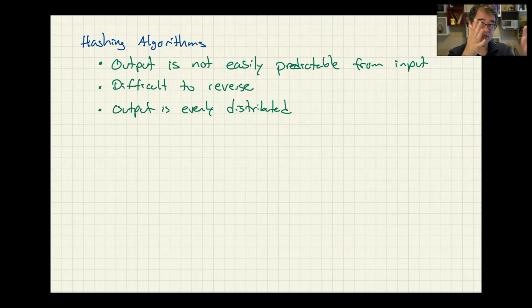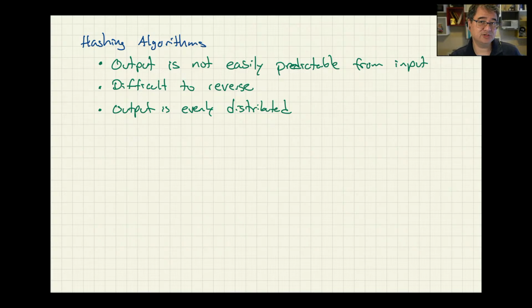There shouldn't be big gaps between the bars. There shouldn't be any bars that are much higher than others, because that would give an attacker potentially a little bit of a clue about what the original text could be, if there was some kind of information in the hash itself.